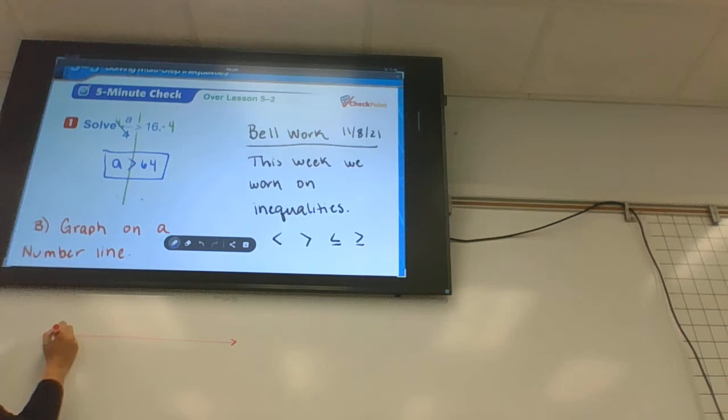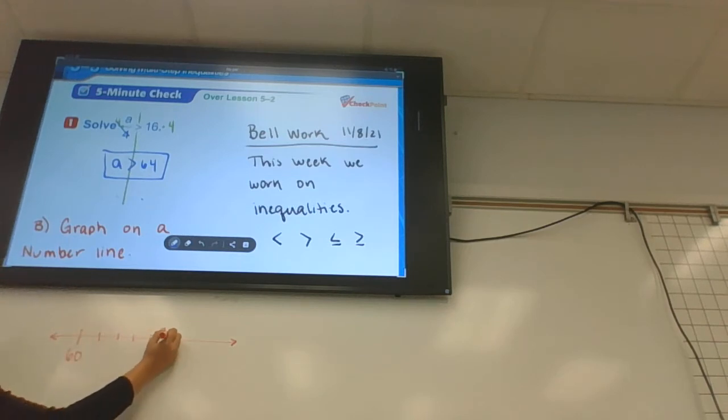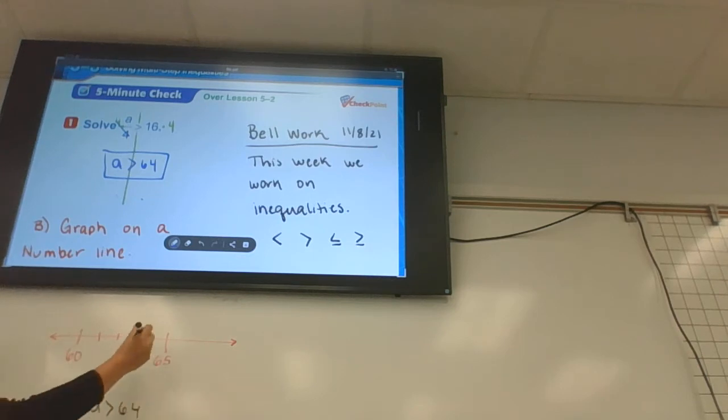So we've been graphing on an X and Y axis, but today I want to practice going back and graphing on a number line. So maybe I start and I do my number line 60 through 65. And so I want to show a visual of A being all real numbers greater than 64.